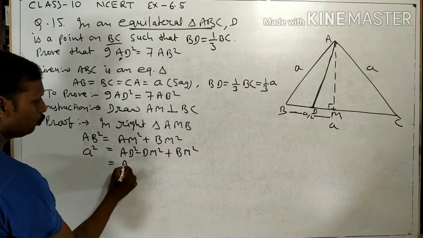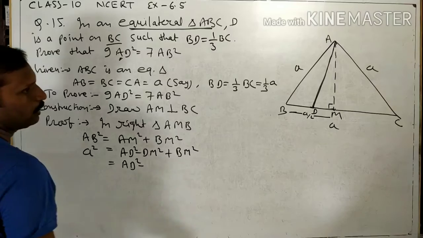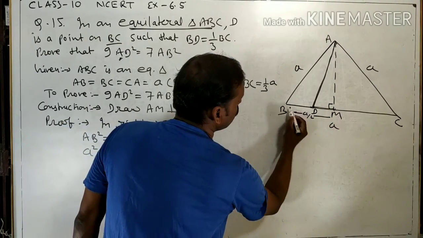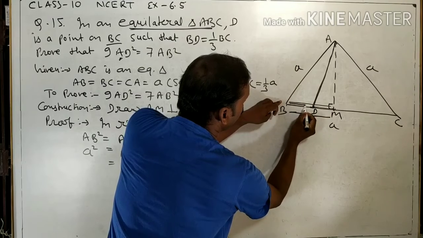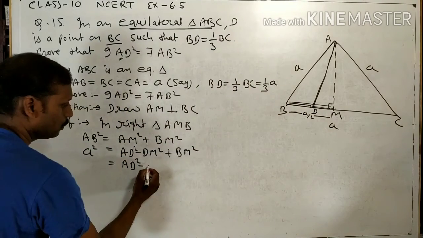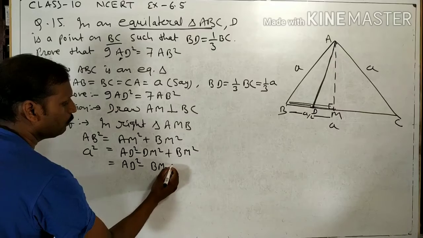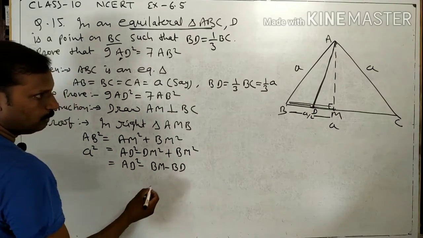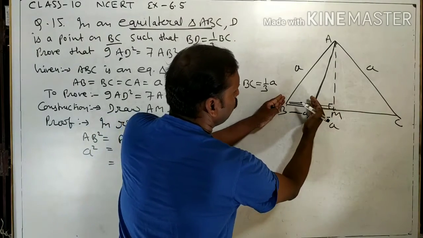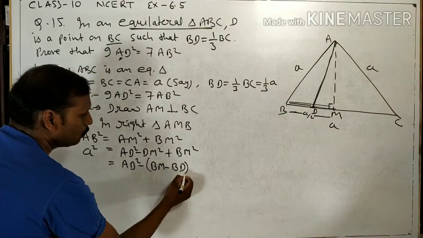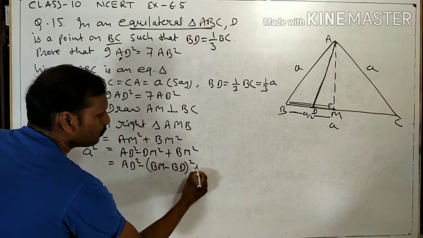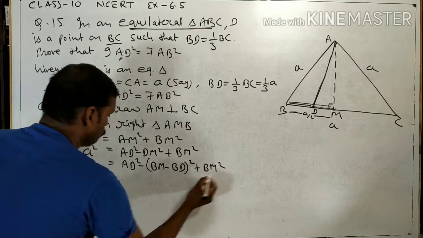Now we need AD, so we keep it. Change DM again: DM means BM minus BD. BM में से BD को घटाएंगे तो DM मिल जाएगा. So DM square plus BM square.